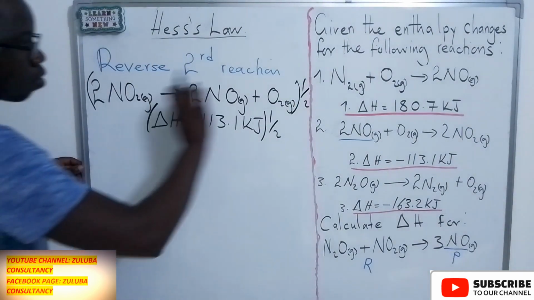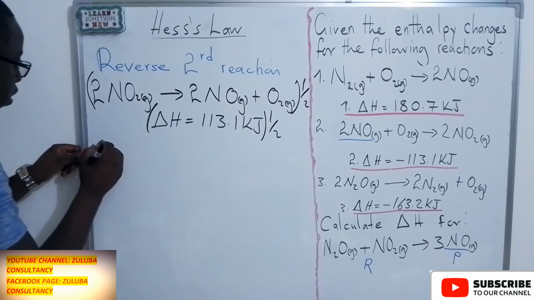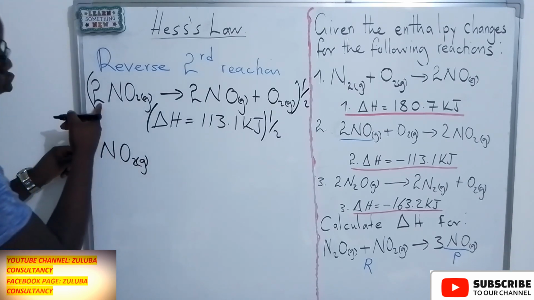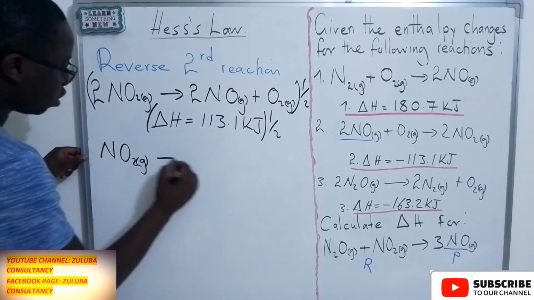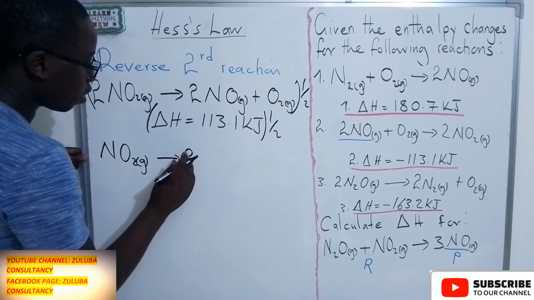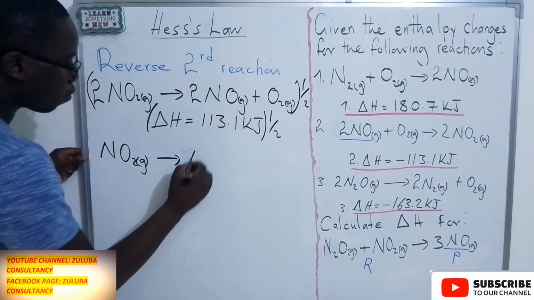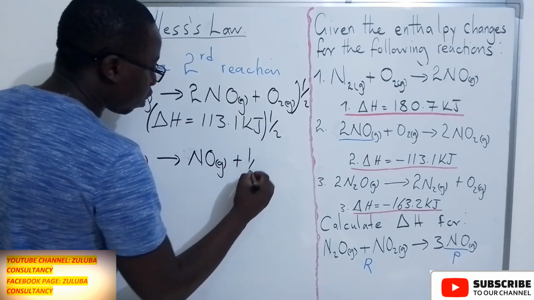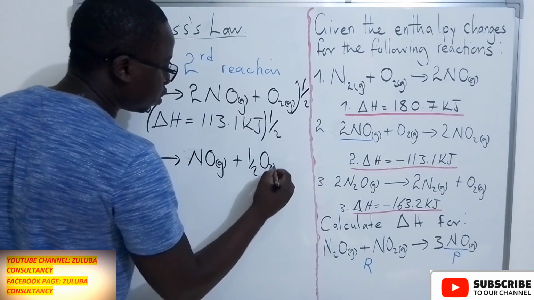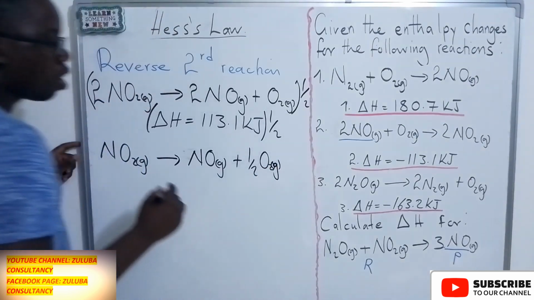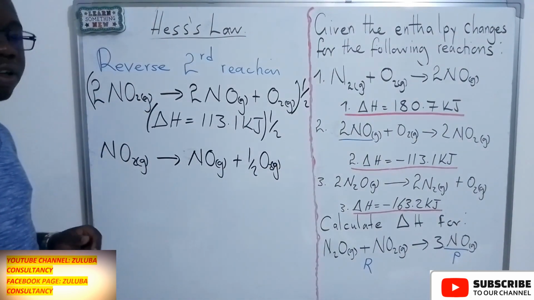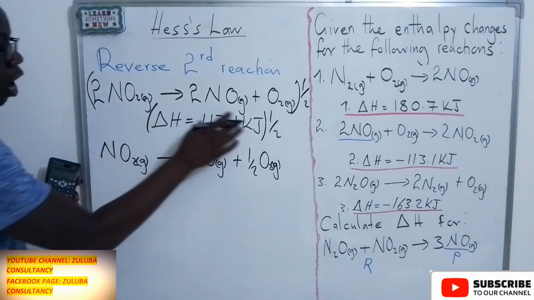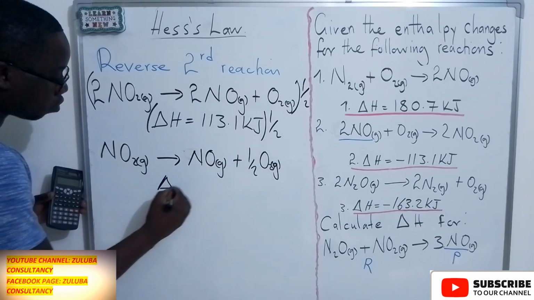So let's multiply the whole reaction by half. What are we going to have? We'll have NO2 gas. This 2 simplifies with the half. It's giving us here NO gas plus half of oxygen gas. Now, if you do this, even the enthalpy change, we should now have half of the enthalpy change of the first reaction.